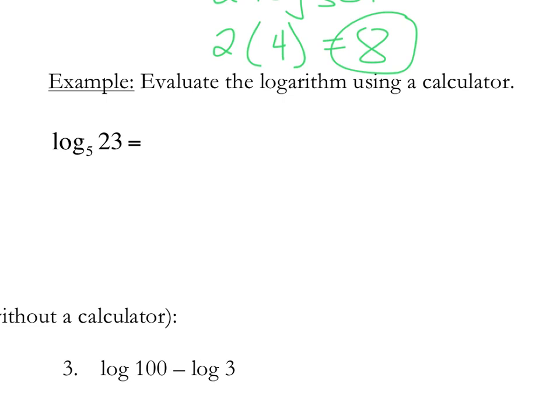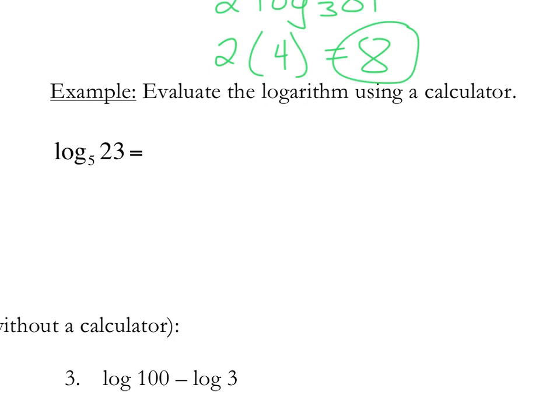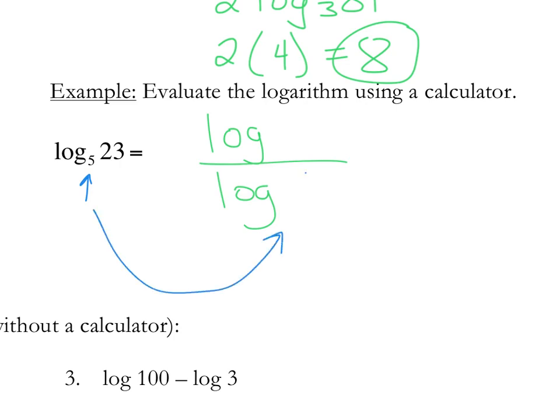So what I can do is grab my calculator and use that change of base formula. So what you need to remember is that I'm going to have a log in the numerator and a log in the denominator. The easiest way to remember this is that the base goes into the bottom of your fraction, and the other number goes into the top.